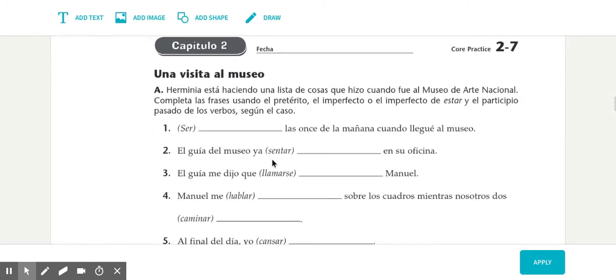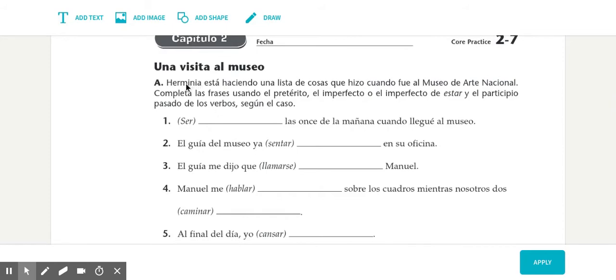Okay, 2-7. Una visita al museo. Herminia está haciendo una lista de cosas que hizo cuando fue al Museo de Arte Nacional. So she's making a list of things that she did when she went to the National Art Museum. Completa las frases usando el pretérito imperfecto o imperfecto de estar y el participio pasado de los verbos según el caso.